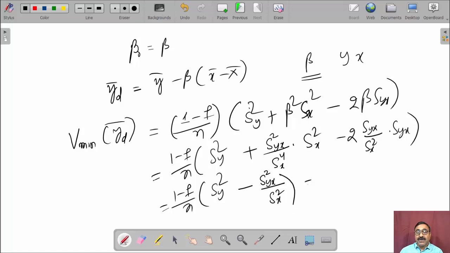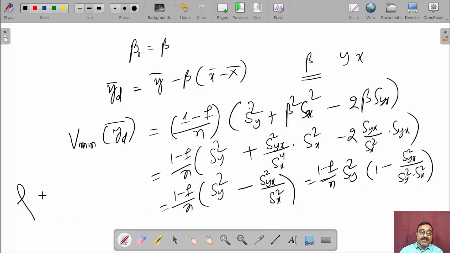So this will be equal to (1 minus f) by n sy square, taking common, 1 minus syx square by sy square into sx square.